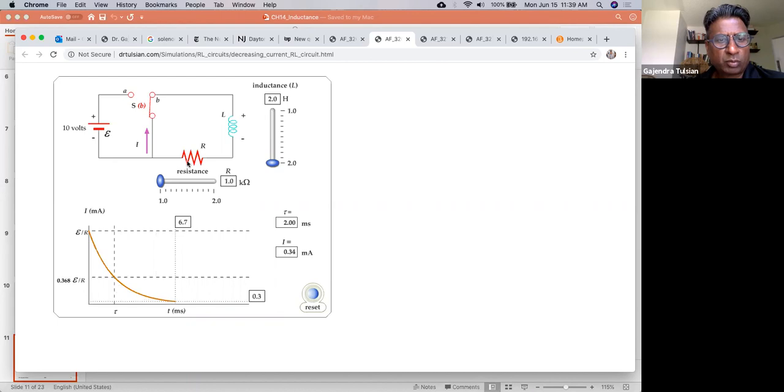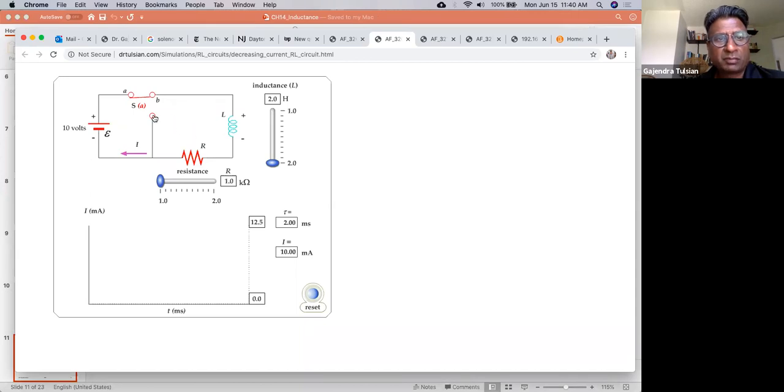So any idea about what's going on? Here's what's going on. When a steady current is flowing through a solenoid, you learn over several slides that energy is stored in the solenoid in the form of magnetic fields.